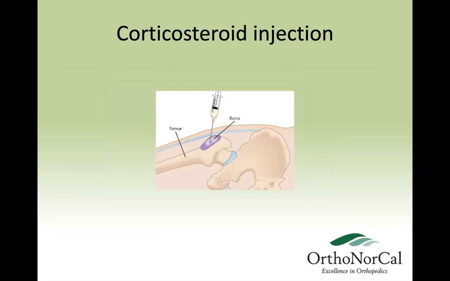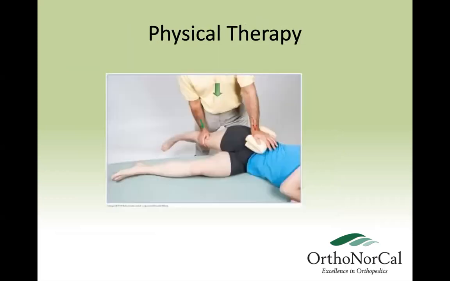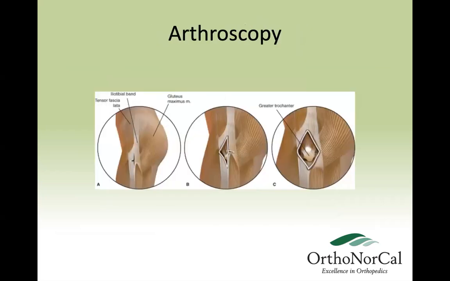If you do that in combination with stretching and physical therapy, the majority of patients will get better. And when that doesn't work, there is an arthroscopic surgery we can do where we open up a window in the IT band, as depicted here. You make a little slit and open it up into a window. Essentially you've taken the pressure off the tendon rubbing on the bone. You can vacuum out the bursa, and you leave that part open, and it takes the pain away.